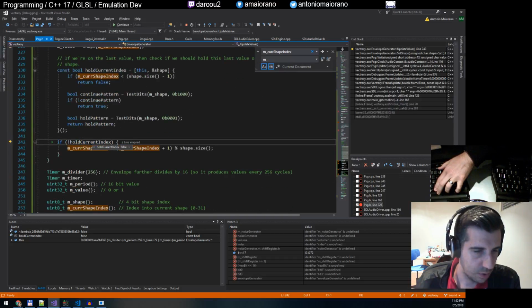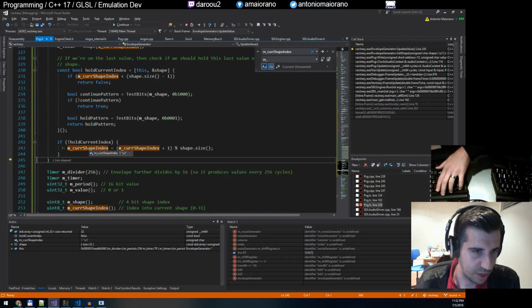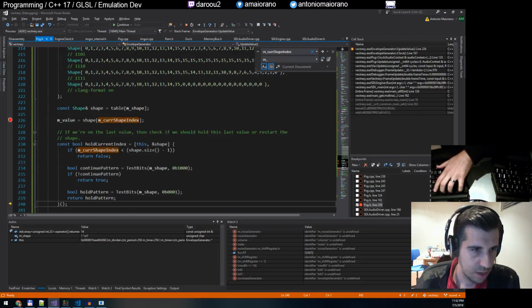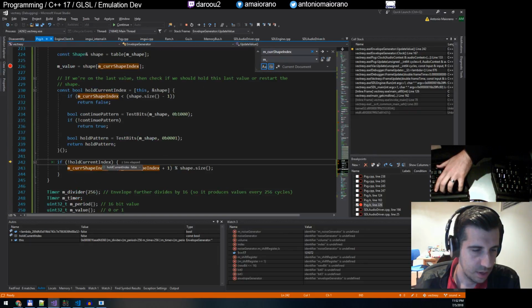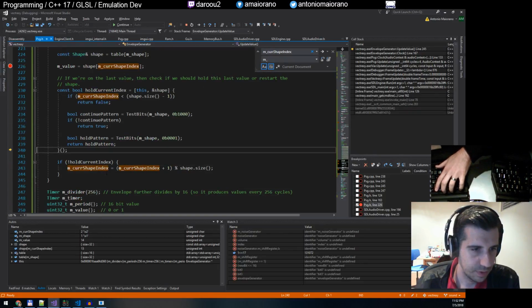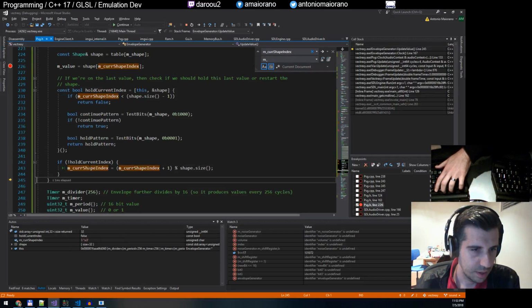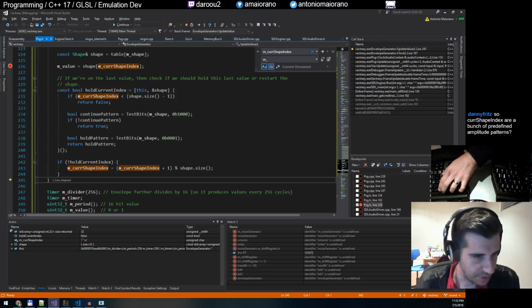And hold current index is false, so now it becomes 1. Still false, so now it becomes 2, 3, 4, 5, 6. Yeah, so it's going to take a little bit of time.